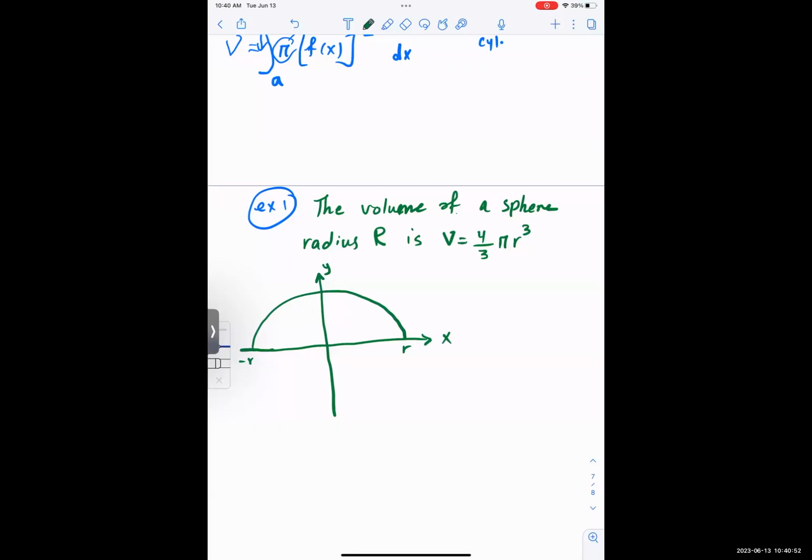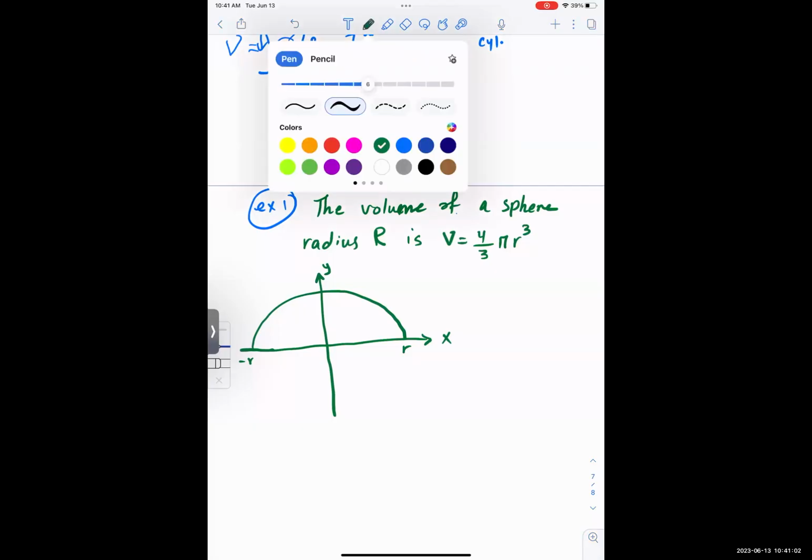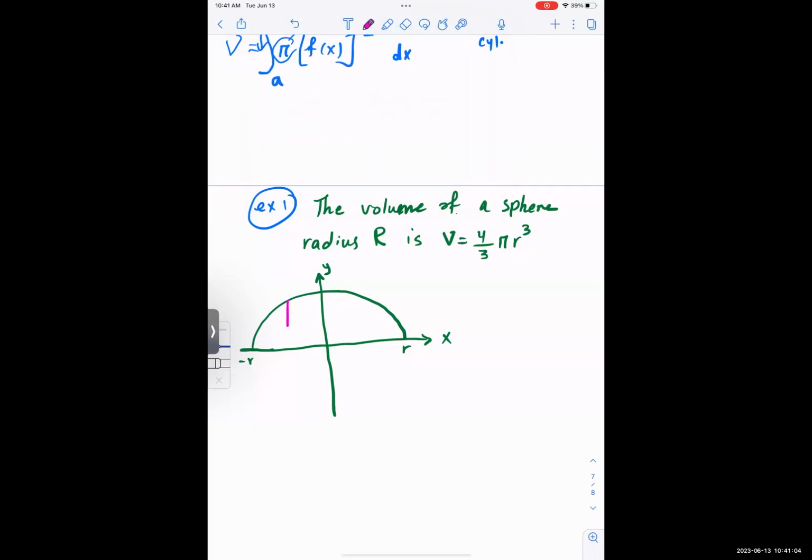Do you agree that the output would be a sphere? Yes? So I'm going to take a piece. You need to do this step because regardless of how the shape is, if the revolution is about x, about y, or another line, this would help you to find the volume correctly.